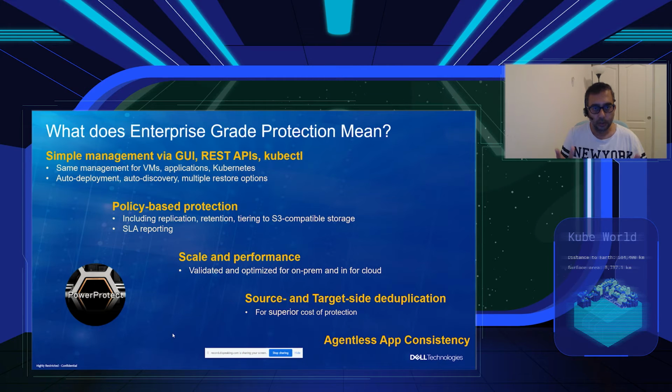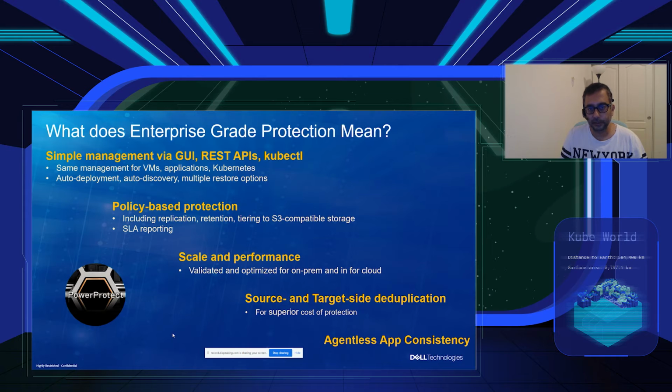When you point it to a Kubernetes API server, PPDM will automatically discover all the namespaces there. It'll deploy the components that it needs, and then there will be multiple restore options available for the applications: to the same cluster, to another cluster, to another namespace, etc., and also for the kind of objects that you need when you're doing restores.